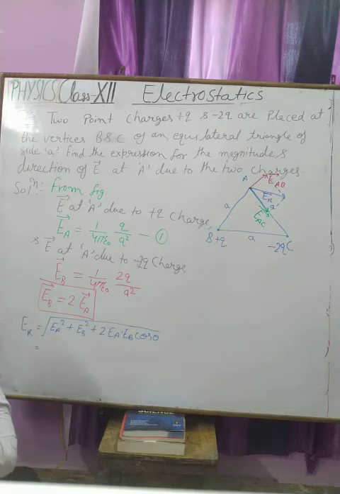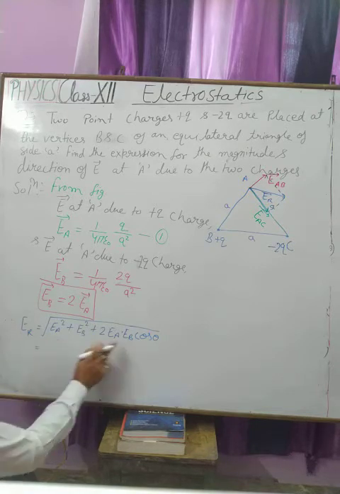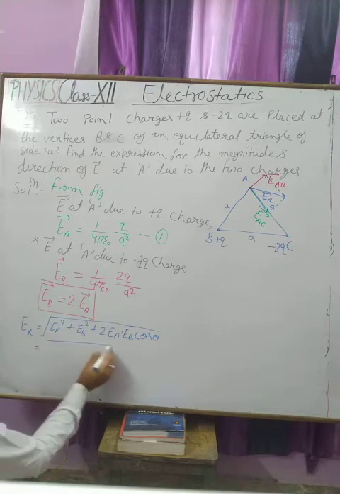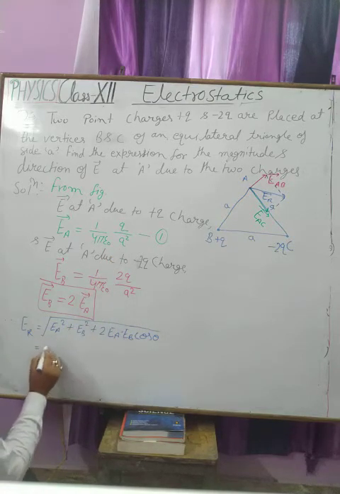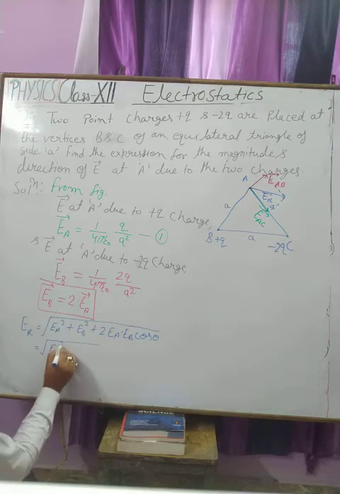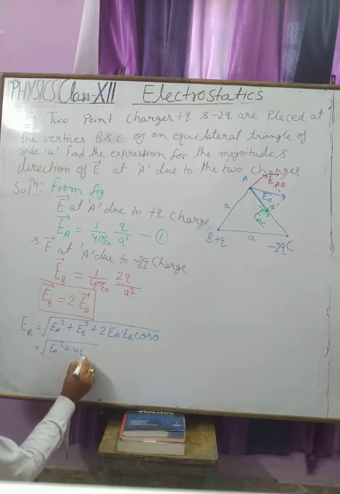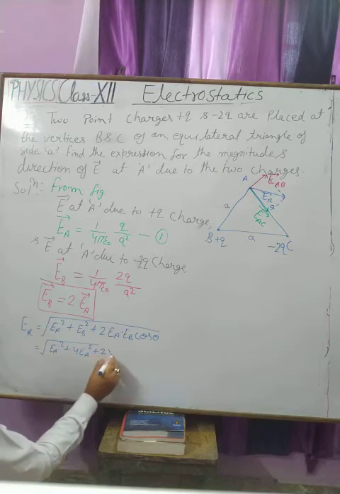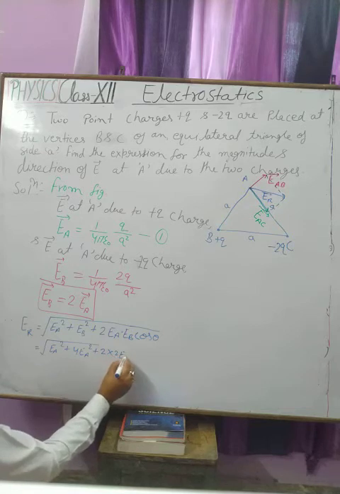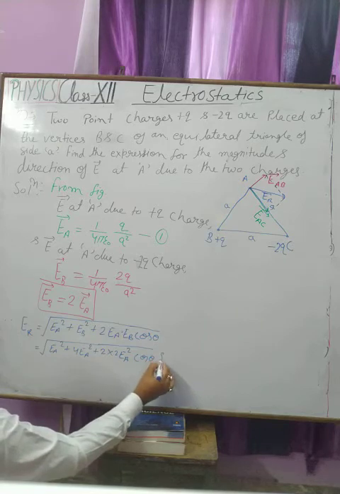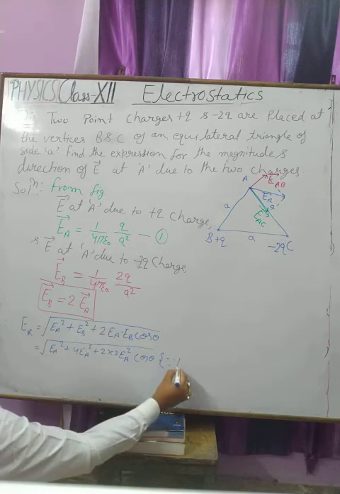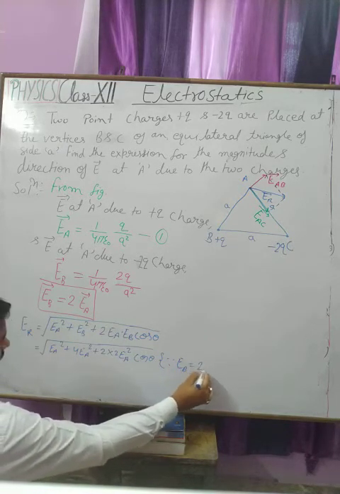Okay, now we are using the value from this relation. We are getting EA square plus 4EA square plus 2 into 2EA square cos theta, because we have EB is equal to 2EA.